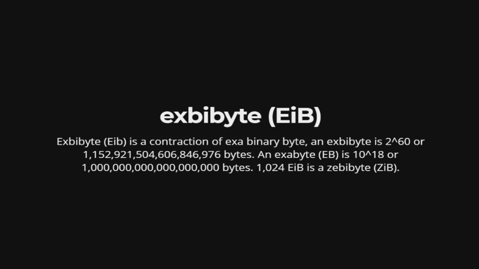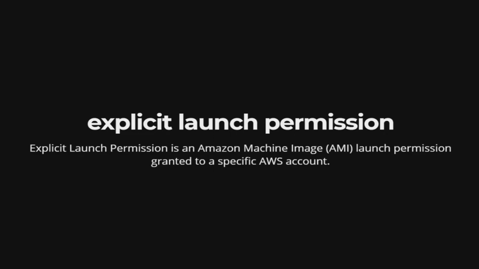An exabyte, EB, is 10 to the power of 18, or 1,000,000,000,000,000,000 bytes. 1024 EiB is a zebibyte, ZiB. Explicit Launch Permission. Explicit Launch Permission is an Amazon Machine Image, AMI, launch permission granted to a specific AWS account.